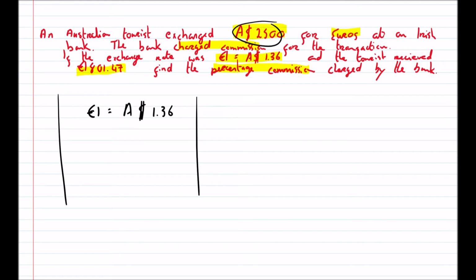Right. So I have €1 is 1.36 Australian dollars. I want to have 2,500 of these, and I want to find out how many euros that is.